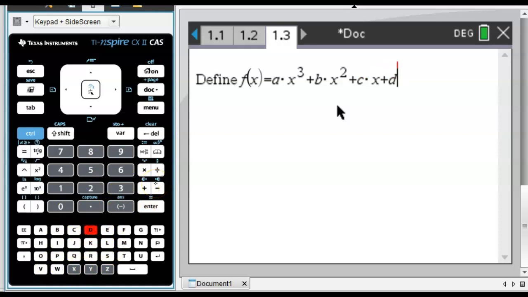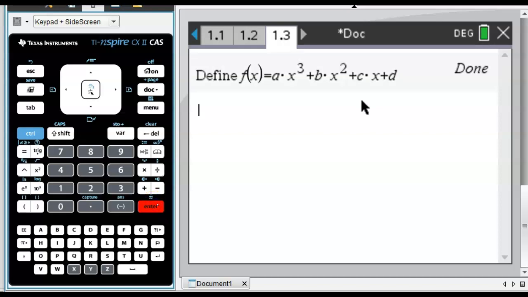Entering the times symbol is really critical, because if we don't do that, for example if I take c times x and don't enter the times symbol, my calculator is going to consider cx as one variable rather than c times x. I'm going to press enter, which means I've defined this polynomial.